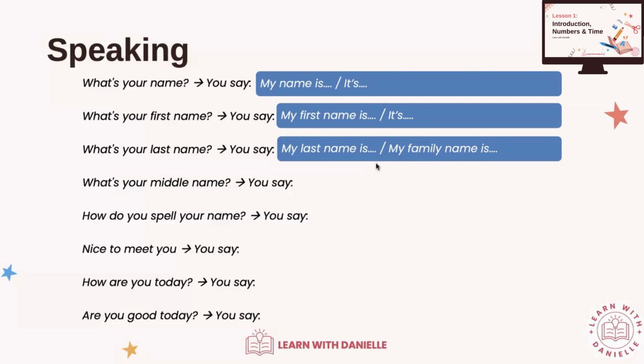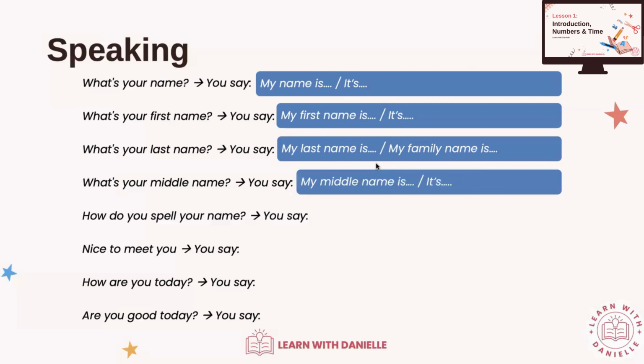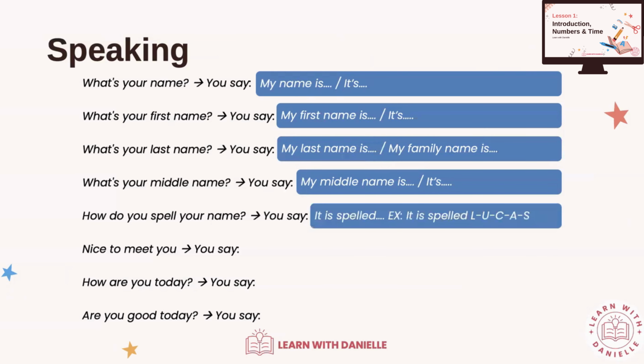What's your middle name? Excellent. You can say, my middle name is, or it's. So, how do you spell your name? You can say, it is spelled. For example, it is spelled Lucas.